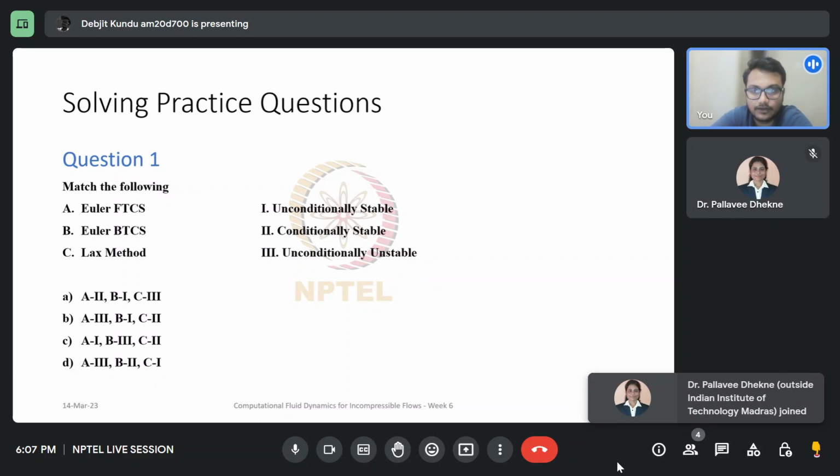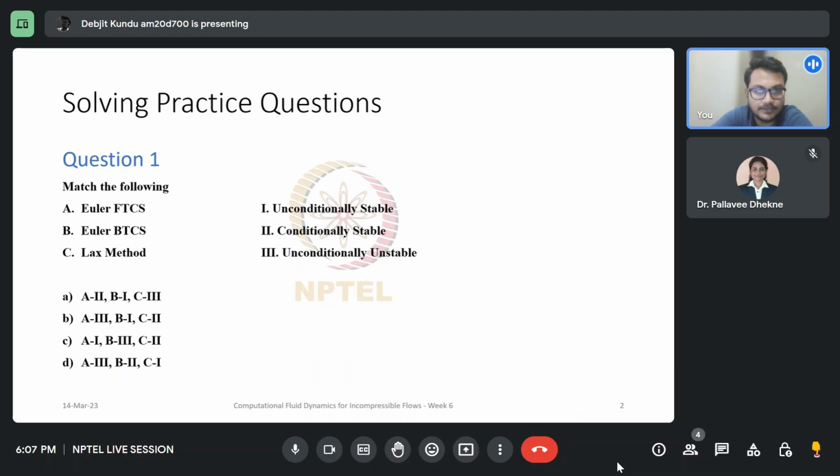So we have question number 1 of today's session. It's a match the following type of question, as you can see, and we have two columns. One column has different methods in which hyperbolic equations are discretized. So we have Euler FTCS, Euler BTCS, and Lax method on the left hand column, and their stability conditions in the right hand column: option 1 unconditionally stable, conditionally stable, and unconditionally unstable.